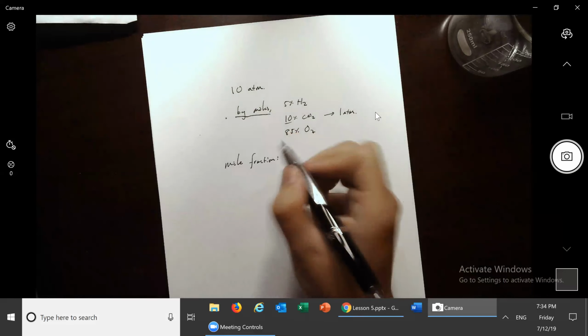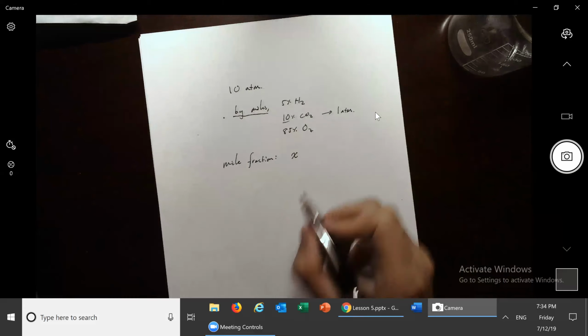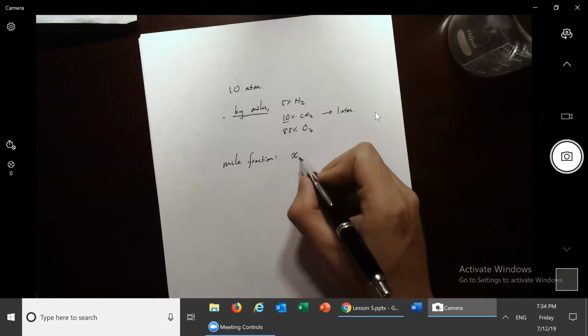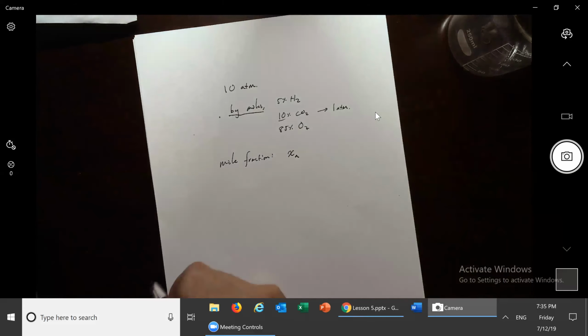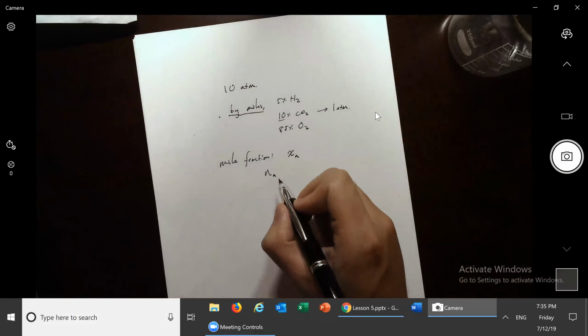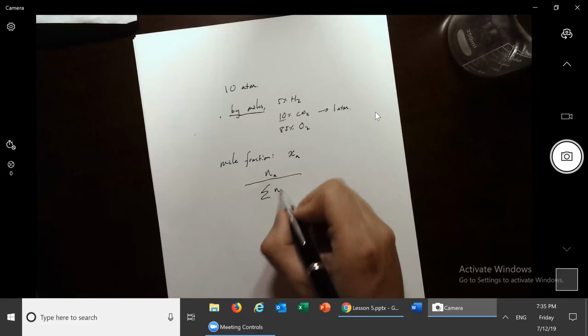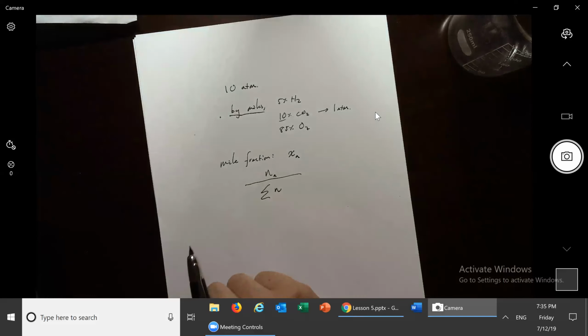Okay, the mole fraction. So the mole fraction, let's say the mole fraction X sub A, means it's the number of moles of A divided by the sum of all the number of moles, the total number of moles.